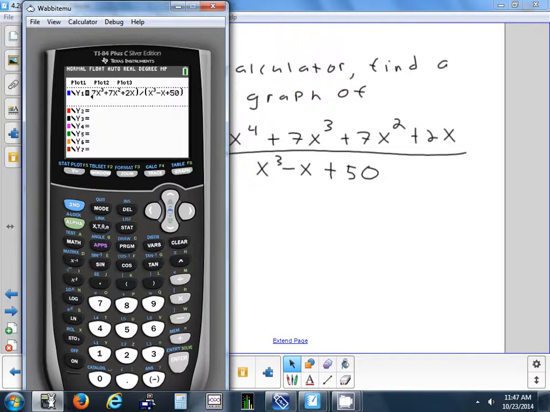Now I would expect there to be some kind of slant asymptote here. And there will be. Let's just start with a standard window. And if you set your Ymax higher, you do see that this line actually starts to curve out, and you get a slant asymptote, kind of right in there. Does anything here look like we would need to investigate it a little bit more?